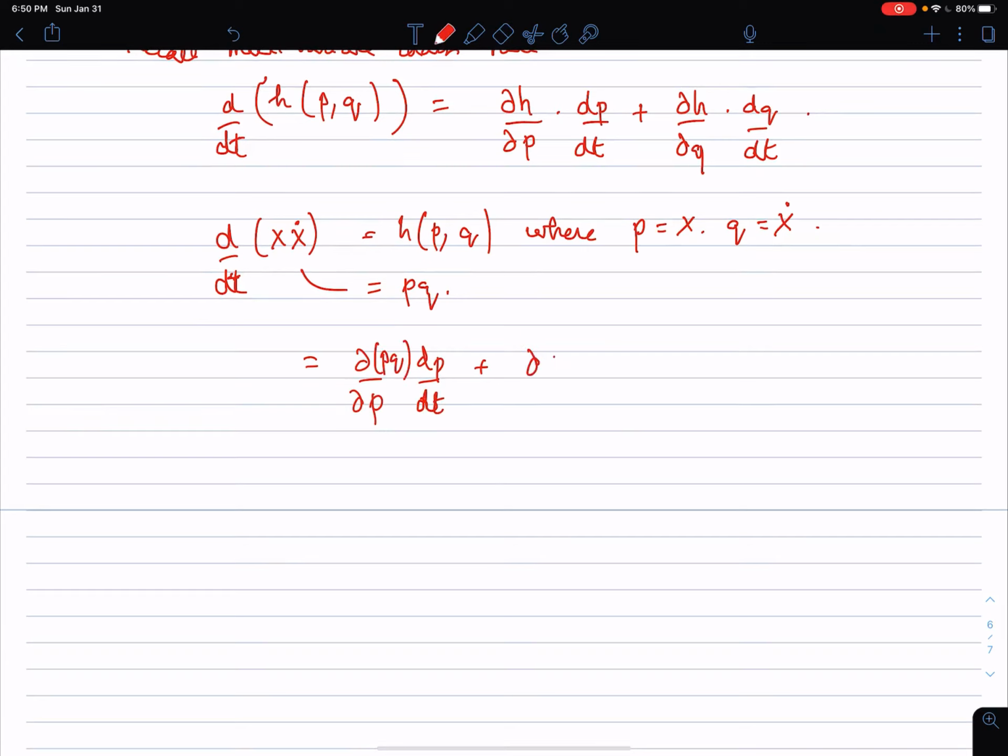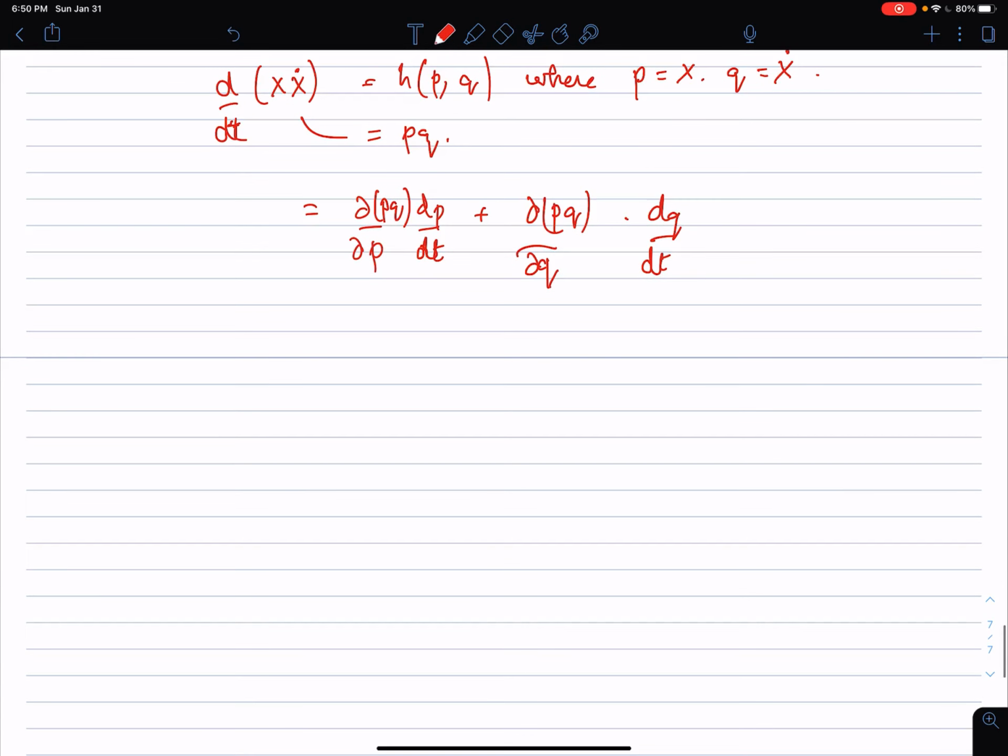And then partial of pq with respect to q times dq by dt. The partial of pq with respect to p is basically q, dp by dt is p dot, and the partial of pq with respect to q is basically p, and this is q dot.